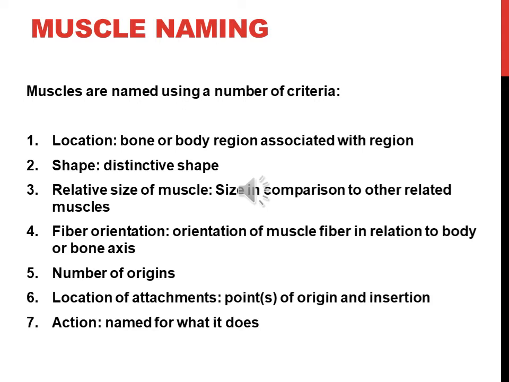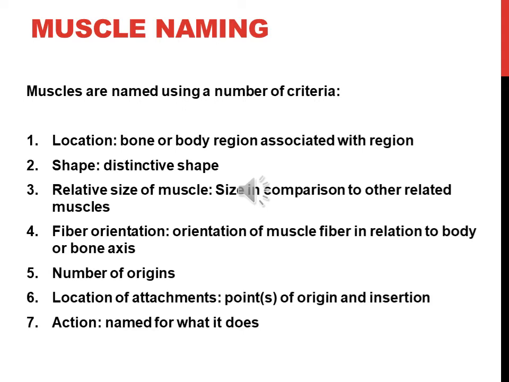So those are four words you could see. So you think of that as the gluteus maximus versus the gluteus minimus. So we have the relative size there. Our fiber orientation has to do with the orientation of the muscle fiber in relation to the body or bone axis. So rectus, being straight, means it runs parallel, and transverse means it's going to run at a right angle.